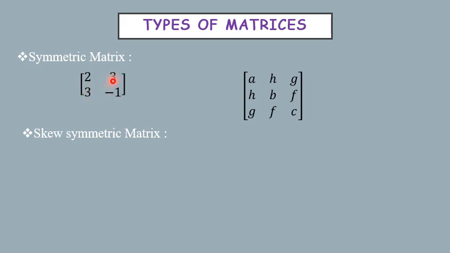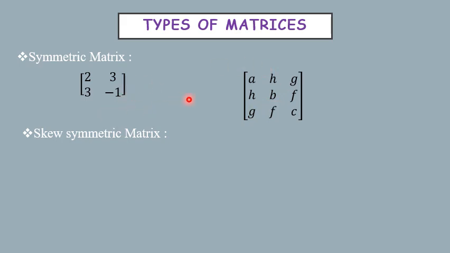This element is placed on first row second column, that means A12, and this element is placed on second row first column, so A21. So these elements are same. So this is a symmetric matrix of order 2. Here A, B, C is the diagonal and elements opposite to diagonals are same, H, H, G, G, F, F. So such type of matrix is called as symmetric matrix.